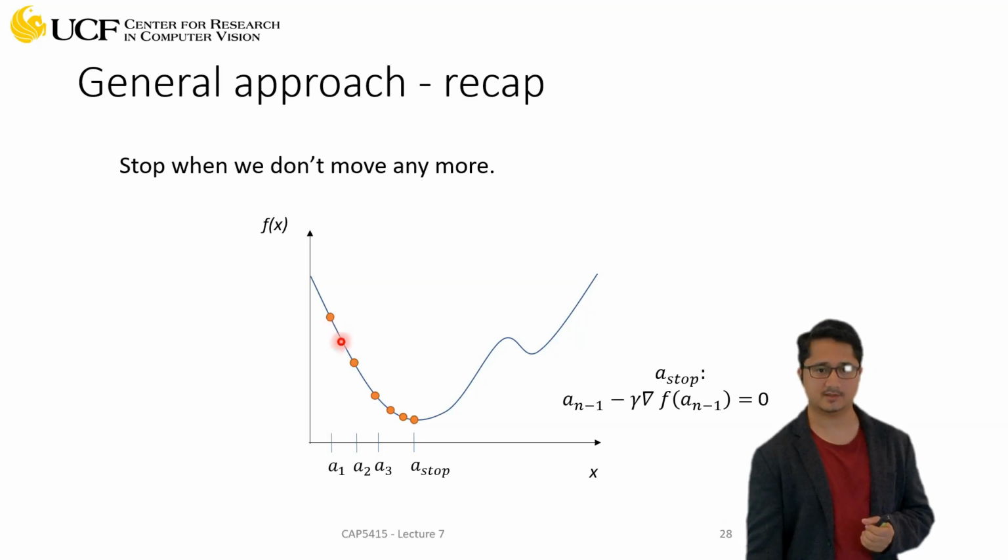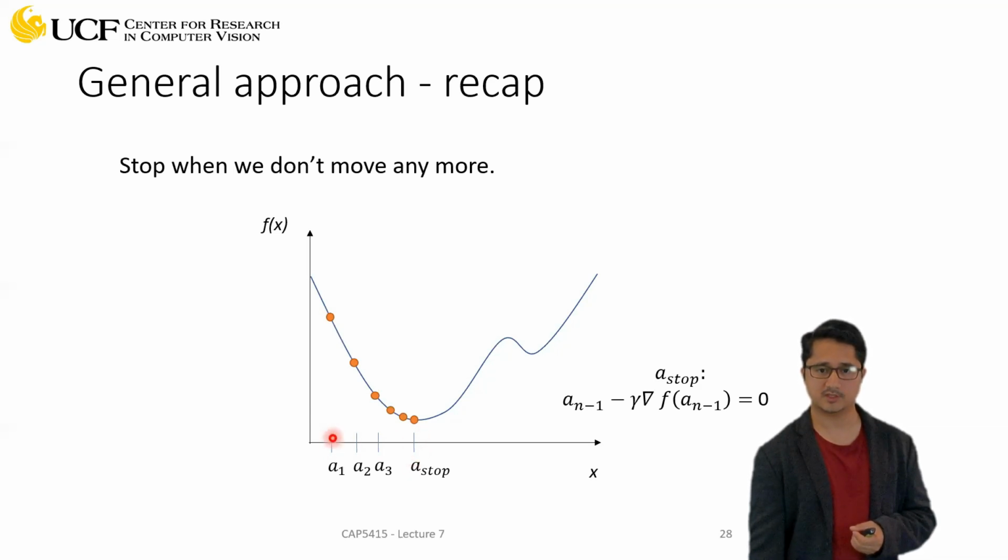Let's say you initialize your network with A1. Your loss value will be something like this because that's your loss curve. The goal is we want to move this point in this direction and reach this point. Then your loss value is reducing from this level to the minimum level, and your network parameters are going from A1 to A stop.